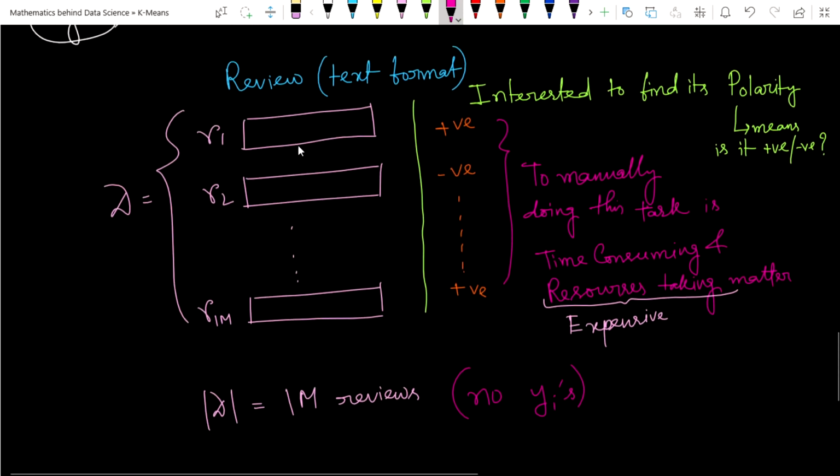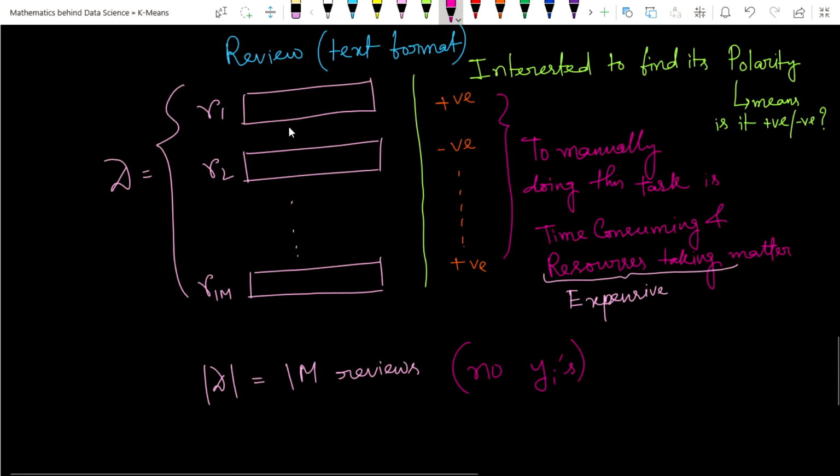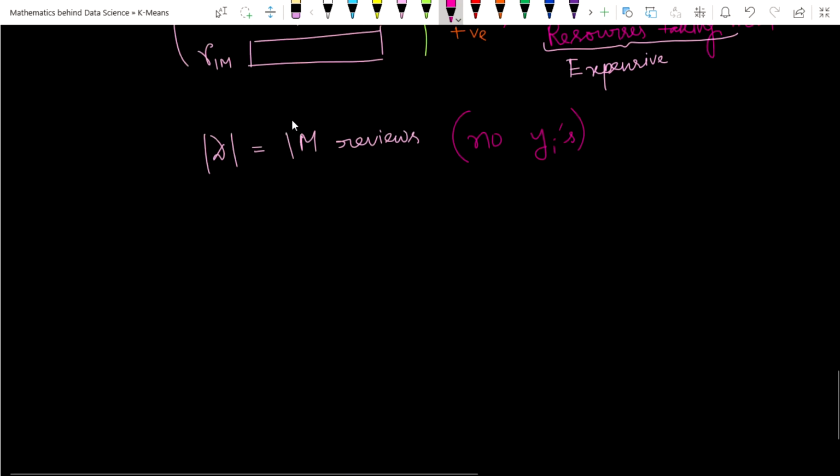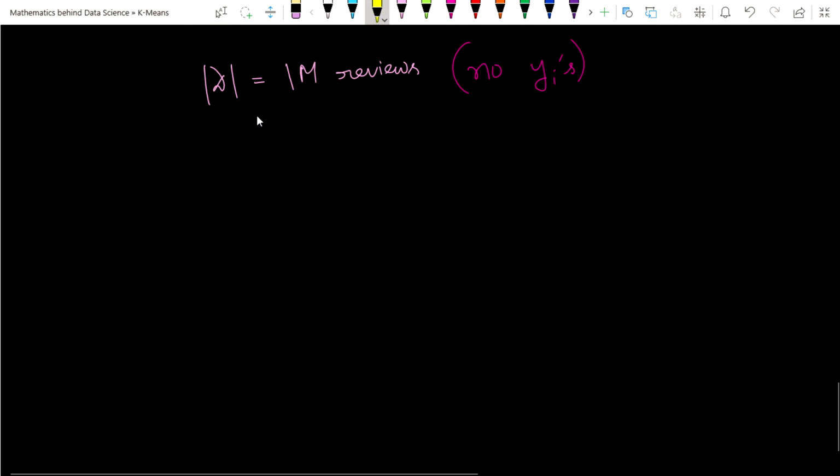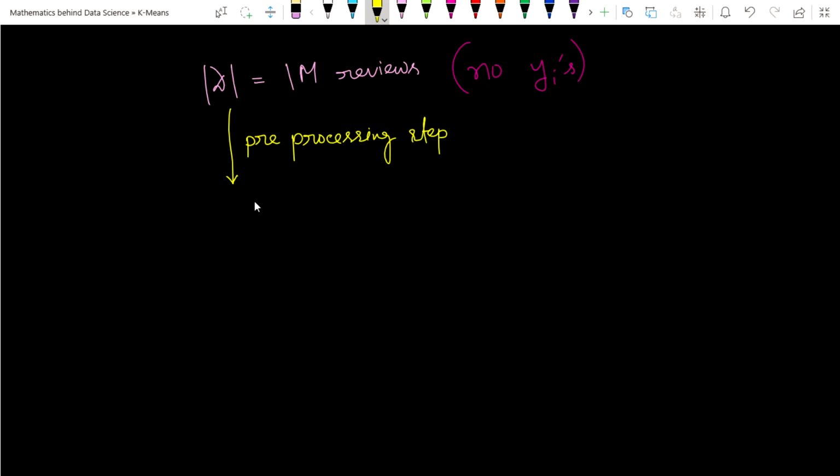It is raw, user-given data, with some errors and mistakes in it. So the first step is the pre-processing step.